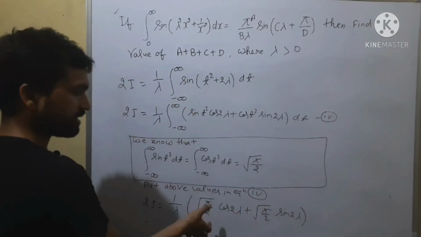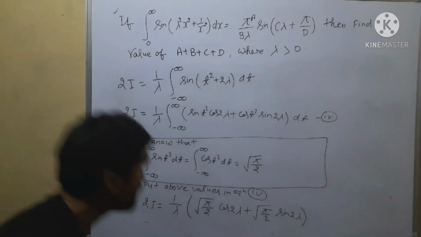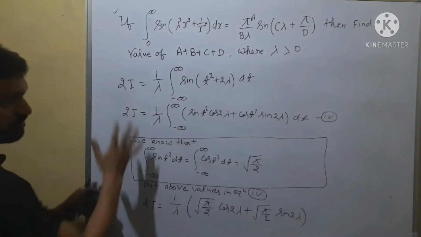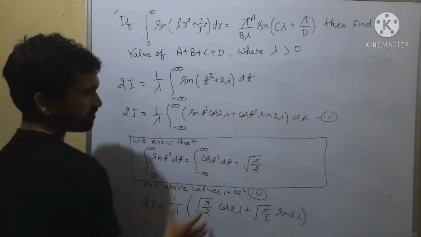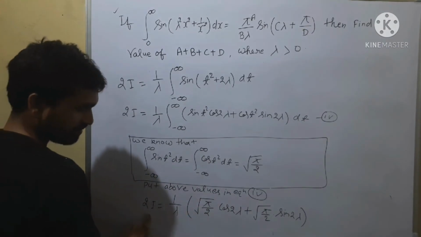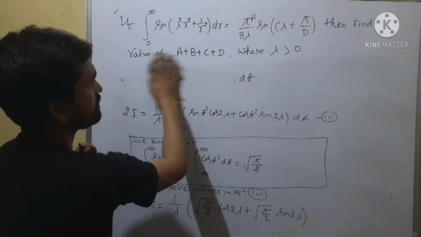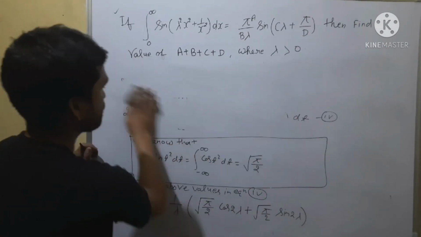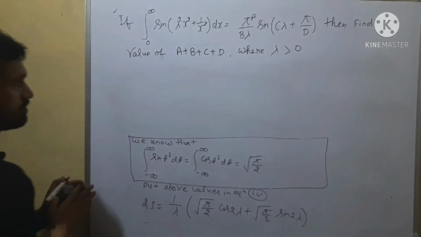We can see here that square root of pi by 2 is common, so our next step will be, so now we should erase. We have simply put these results in equation number 4, and after that we have got these results. So now we should erase it and go to the next step.